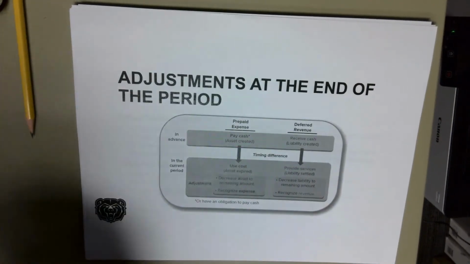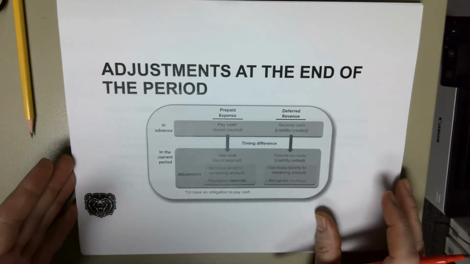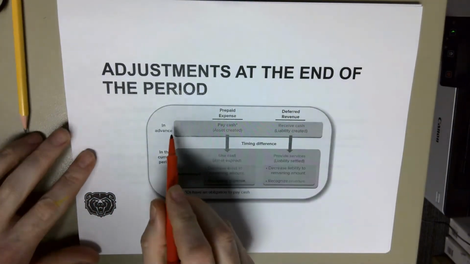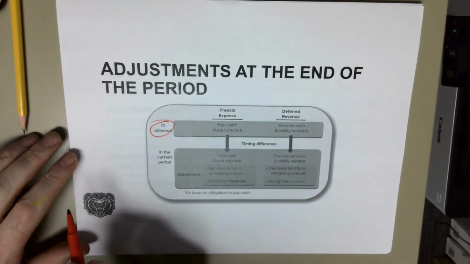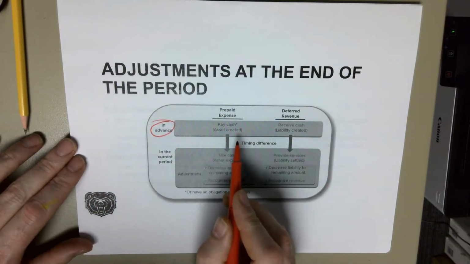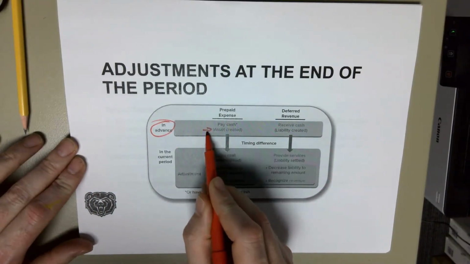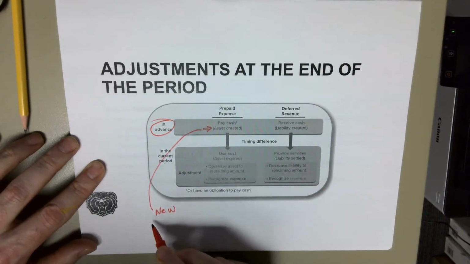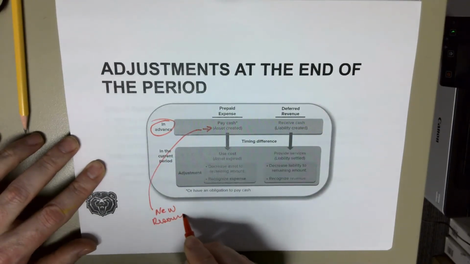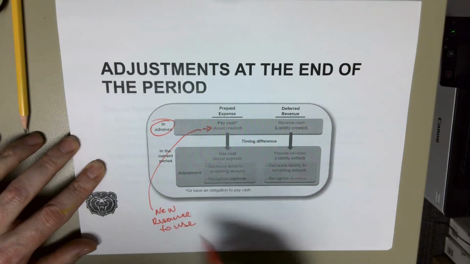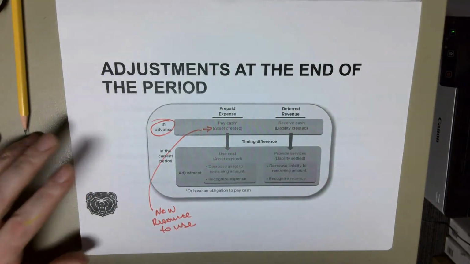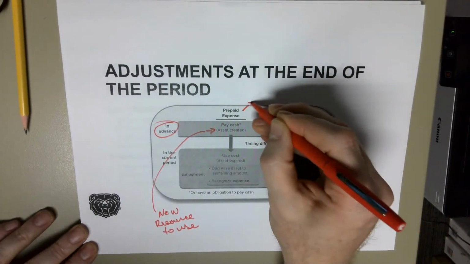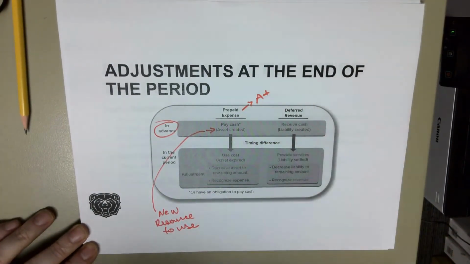Okay. So let's take a look real quickly here. This is going to be our prepaid expense and deferred revenue. What we're talking about really here is in advance. If we pay cash in advance, we've created an asset, right? This is a new resource for us to use. If we pay in advance, that's called a prepaid expense, and this is an asset. This is an increase to assets.